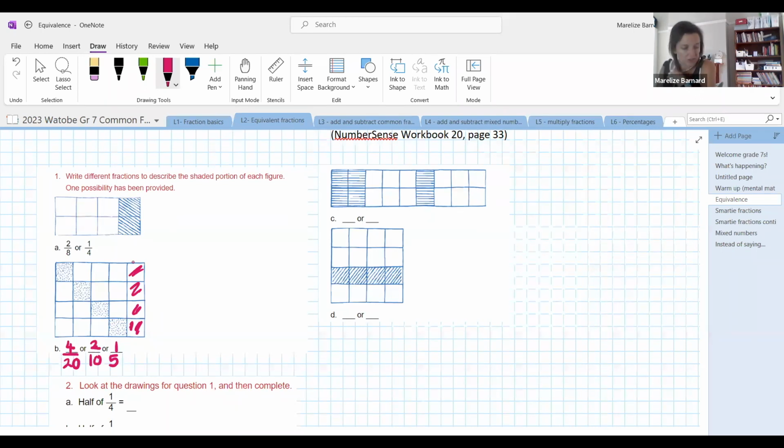Okay, let's go to C. So we've divided the diagram into 1, 2, 3, 4, 5, 6, 7, 8, 9, 18ths. Okay, so what is our first one? Someone's saying 6 18ths. And what can we say is that the same as?